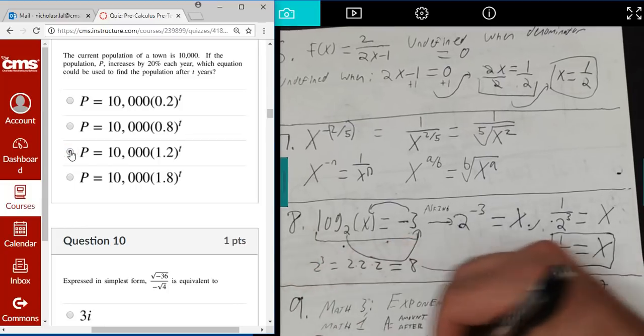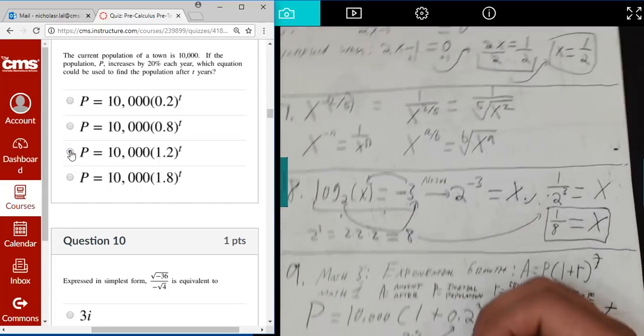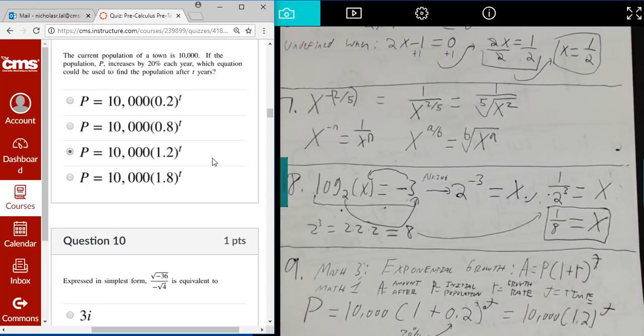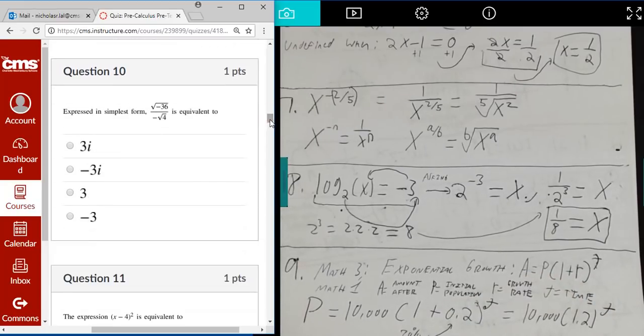Question 9. Alright, question 10. Expressed in its simplest form, root -36 over -root 4 is equivalent to. For question 10, we have the square root of -36 over the negative square root of 4.